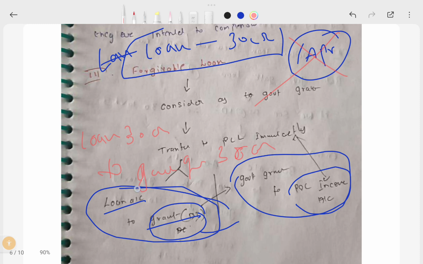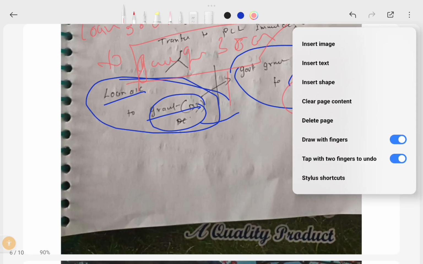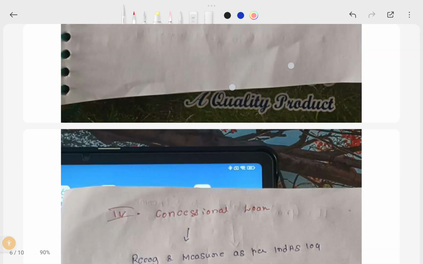This government grant is deferred income or else P&L income directly based on the conditions. If you want to maintain any conditions for next 3 to 4 years, you should treat as a deferred income. Otherwise, directly transfer to the P&L account. This is how you treat this as government grant.